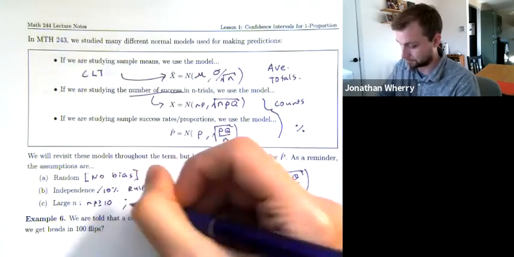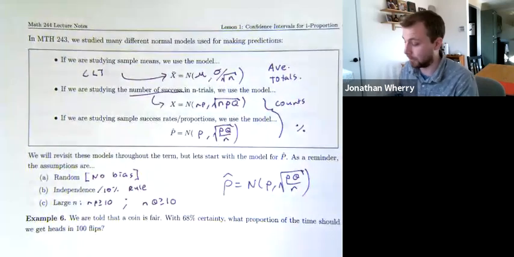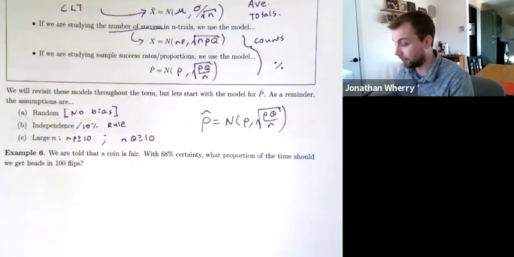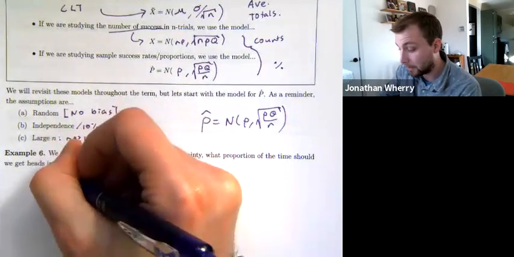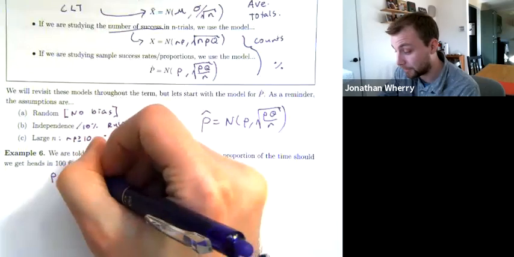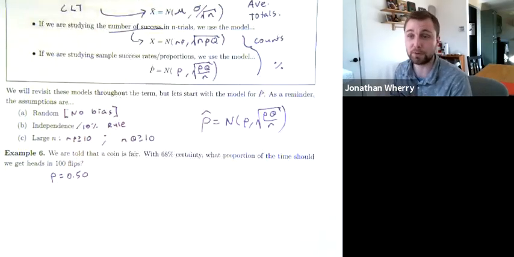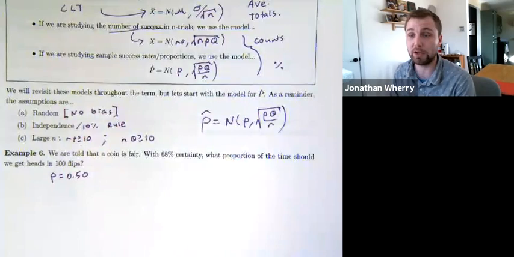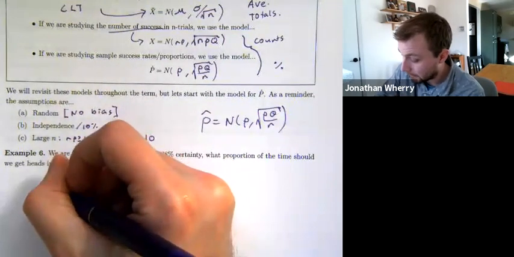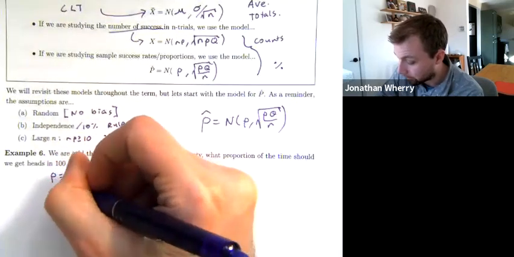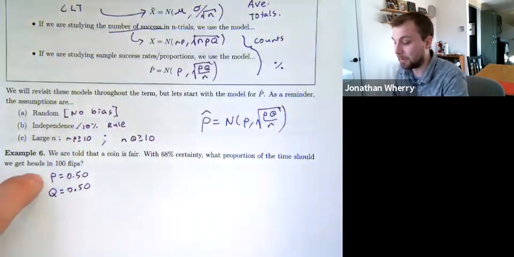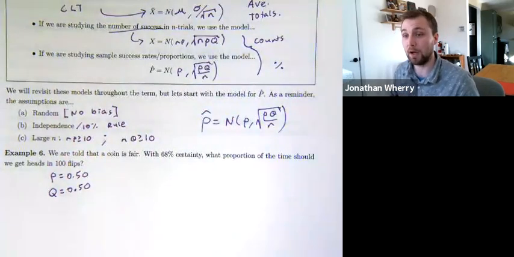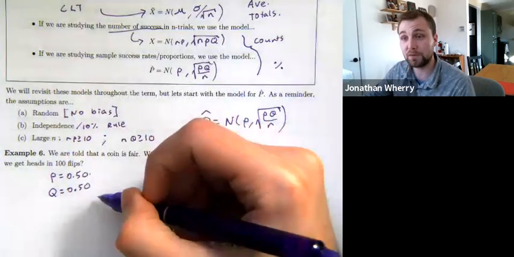I want to show you an example of this. We are told that a coin is fair. I'm going to label things already. If a coin is fair, then I should, for the population, have a success rate of 50%. That's what it means for a coin to be fair. I get heads 50% of the time. That also means I should get failures or tails 50% of the time. P and Q are complements. They add up to 100. If this was 70, this would be 30.